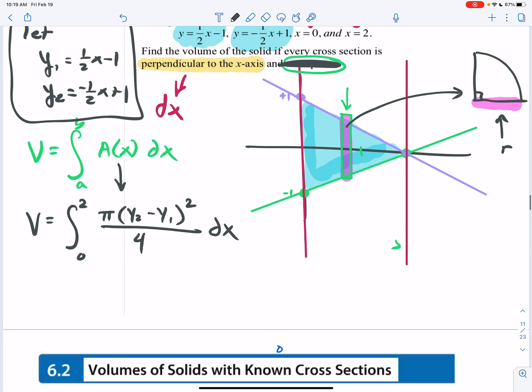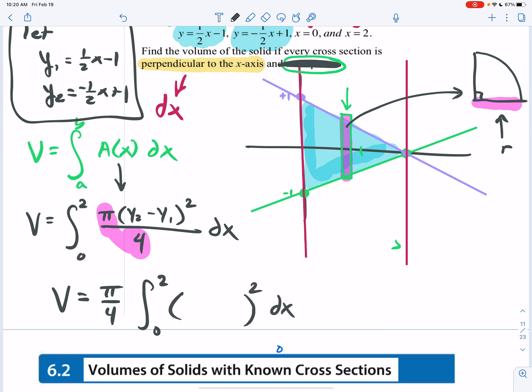So there you go. Now when you chug, notice how the pi over 4 is just a coefficient. You could scoot that to the outside so that when you type it into your calculator, it's a little bit easier to do, and less likely that you'll run into any calculational errors.